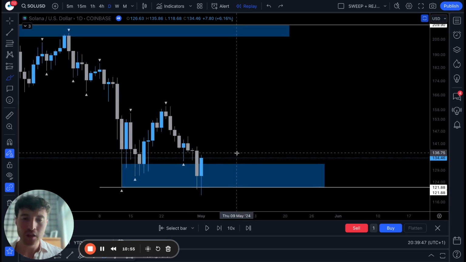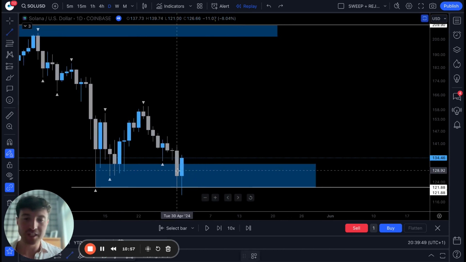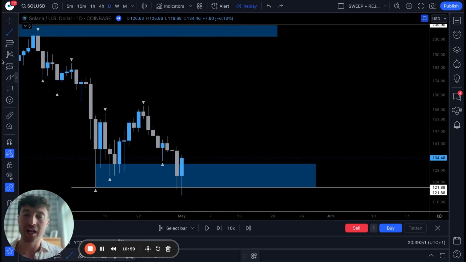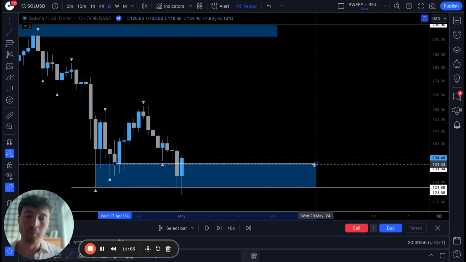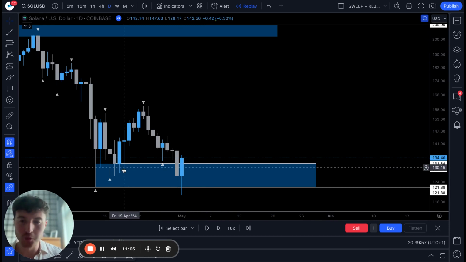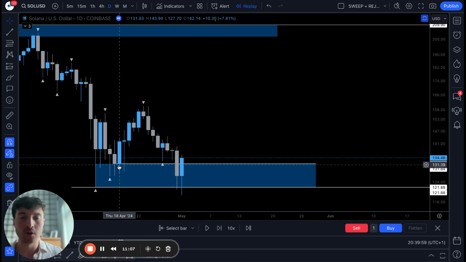Okay. So now that we've seen the deviation, we classify this as a reclaim once we can get a close above where the candles were failing to close before. Okay, so here you can see that's 131. Let's just call it 132, $132 on Solana.